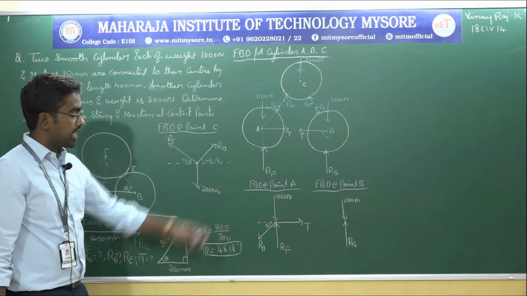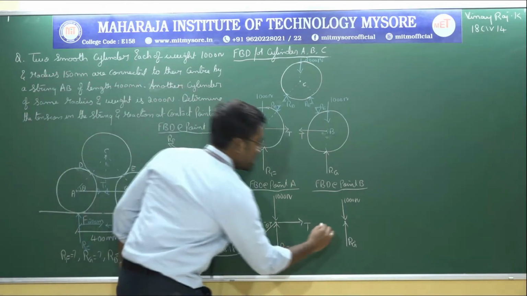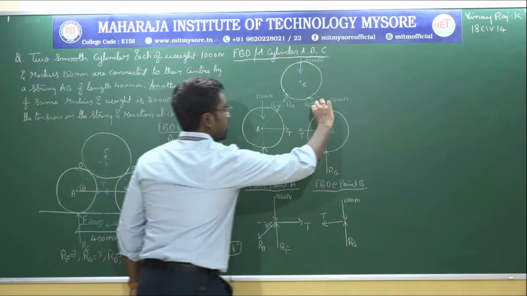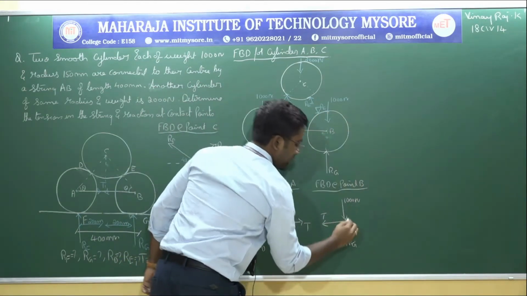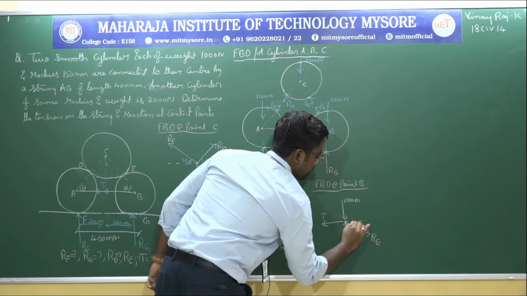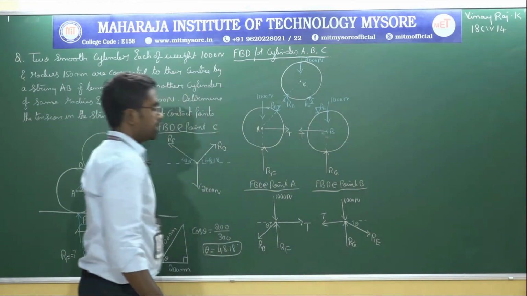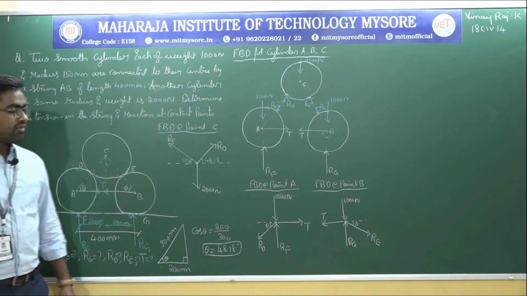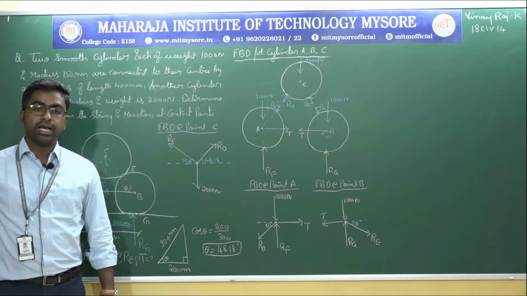That is RG, and that is 1000 Newton. So this is the tension, that is T, and there is one more reaction, that is RE, which I need to mention here. With respect to horizontal, this angle will be equal to theta, right? So now I have written all the free body diagrams separately.